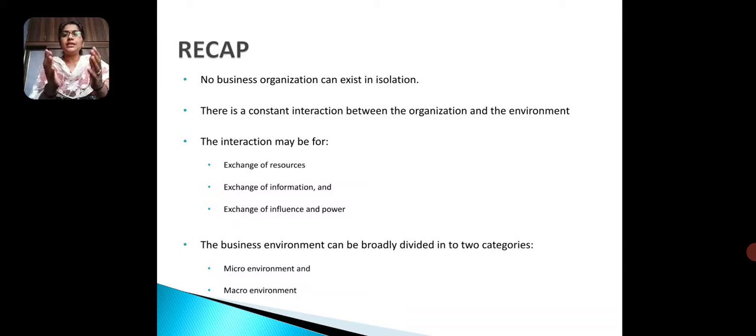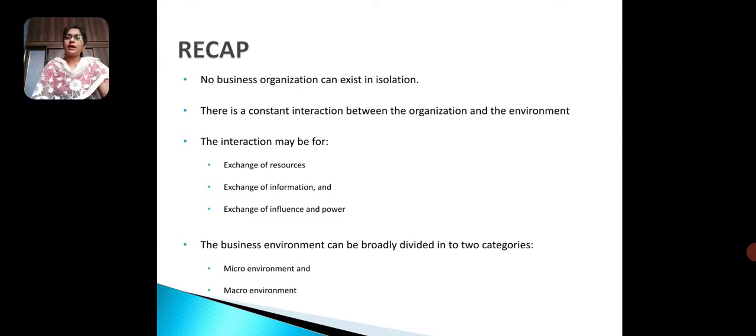Micro is usually internal in nature, within the circle of that particular business organization. It includes its employees, board of directors, management, and the customers and suppliers. Those are in the first circle of the business. That is called the micro environment, and the business organization can have some control over it.